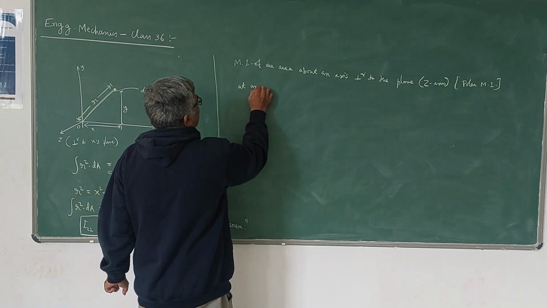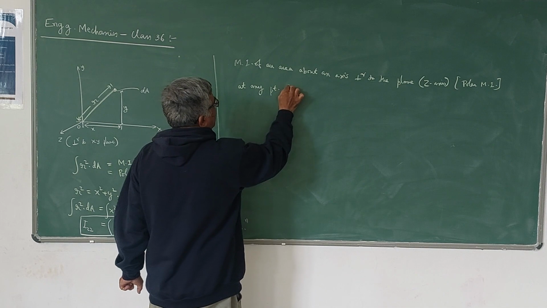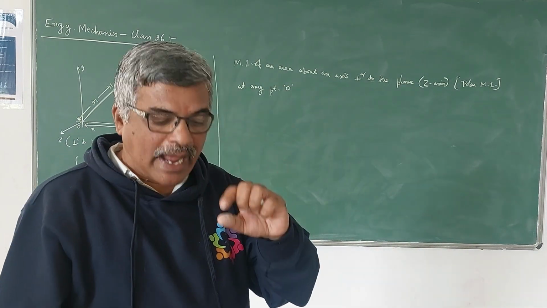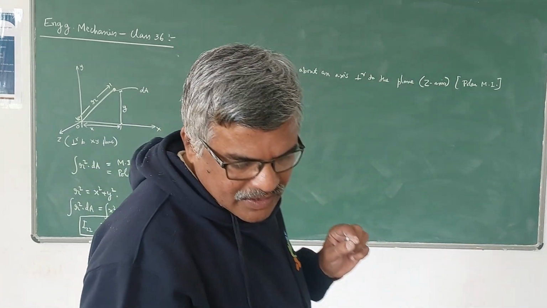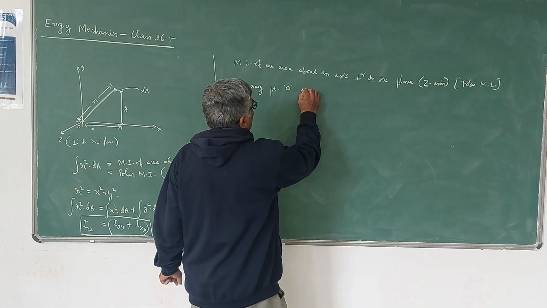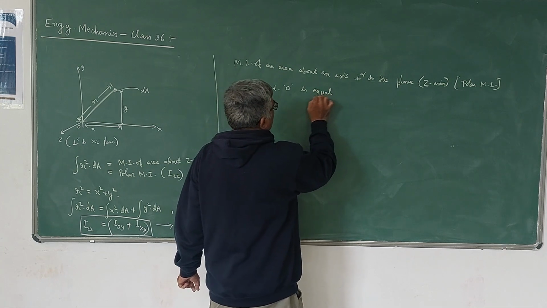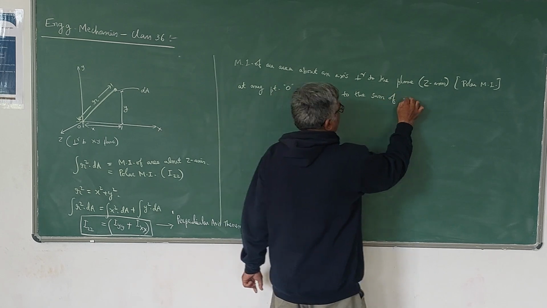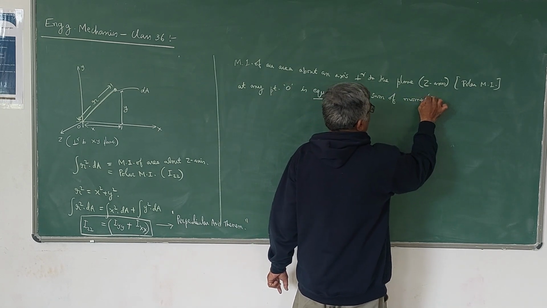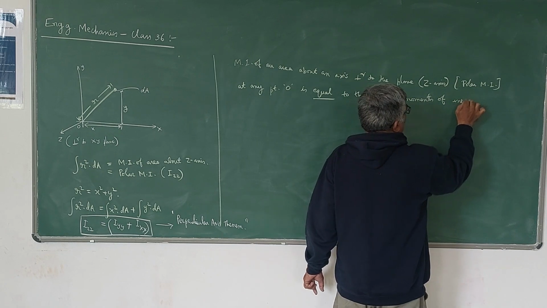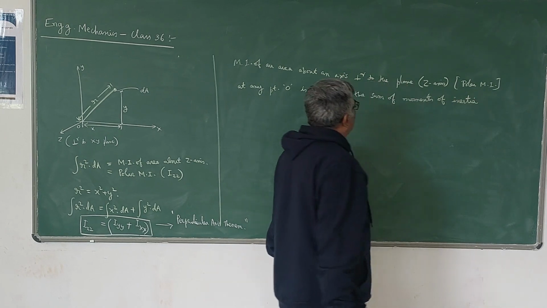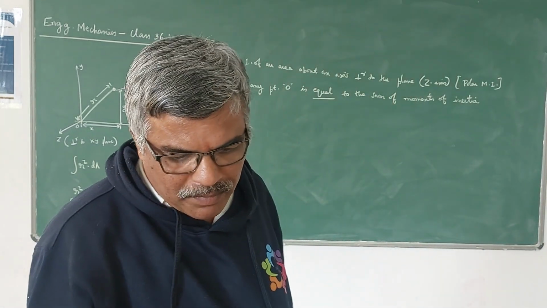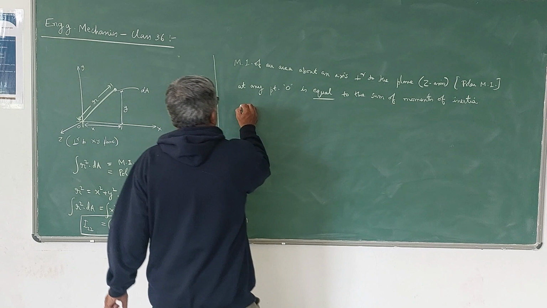So always when you are speaking about moment of inertia, it should be with respect to some point or axis, that is the point of reference. It is equal to the sum of moments of inertia about any two mutually perpendicular axes.